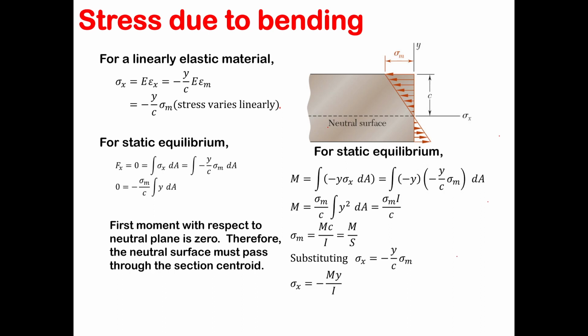We can also define S as I over C. We'll talk about this in the next slide. Which essentially is going to tell you that you can find the stress at each location as a function of moment, negative My divided by I. So this is the bending stress. Okay.